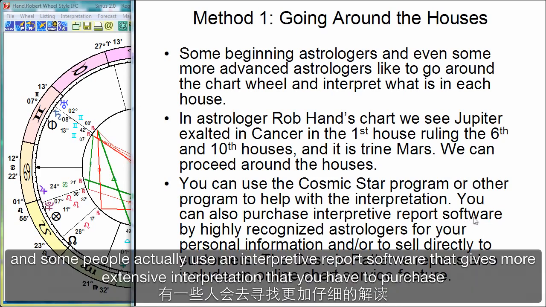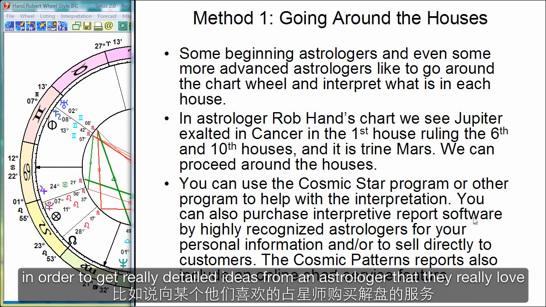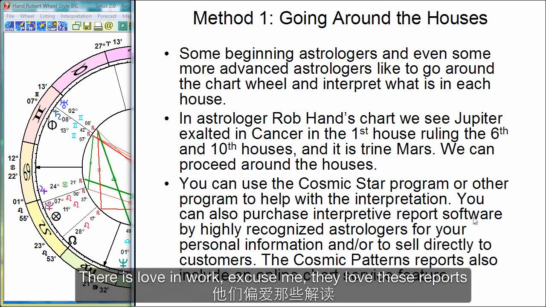And some people actually use an interpretive report software that gives more extensive interpretation that you would have to purchase in order to get really detailed ideas from an astrologer that they really love. They love these reports.